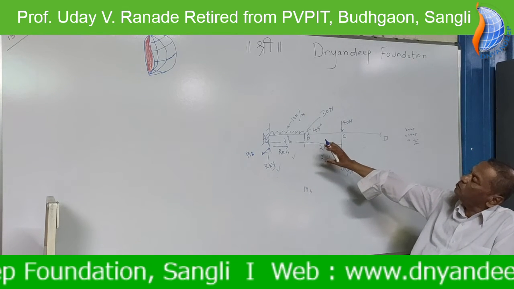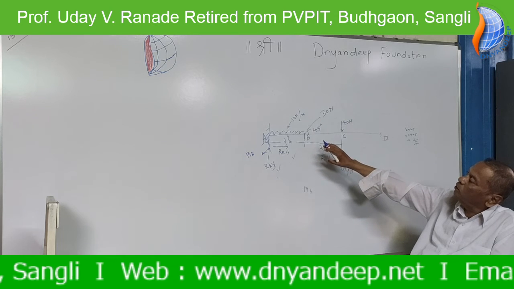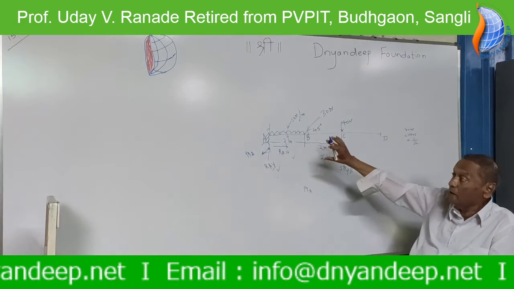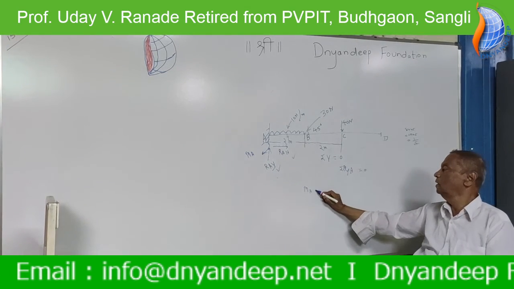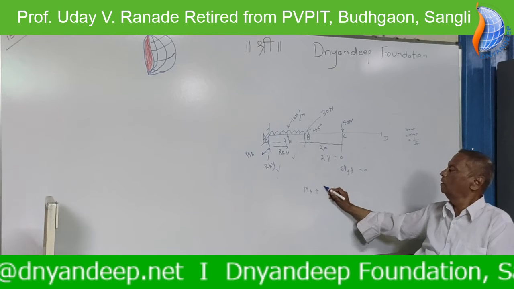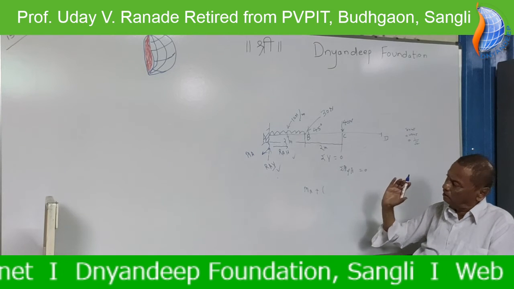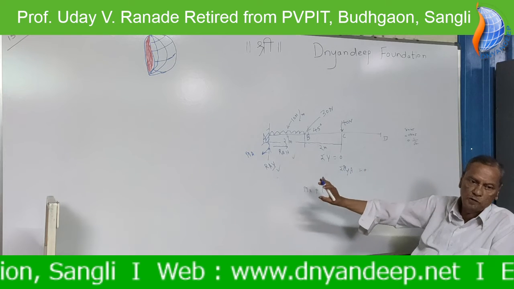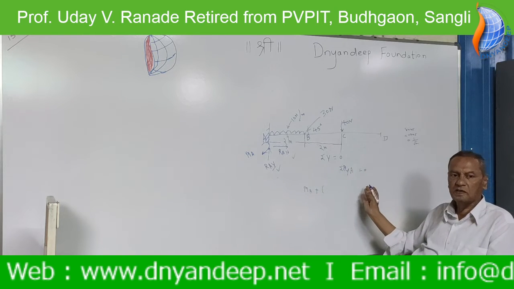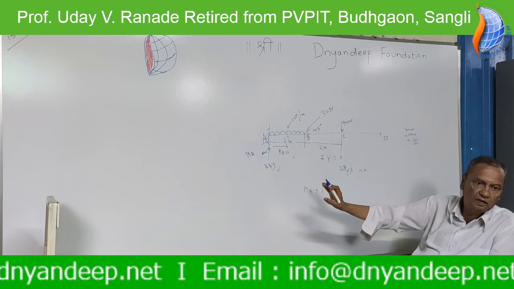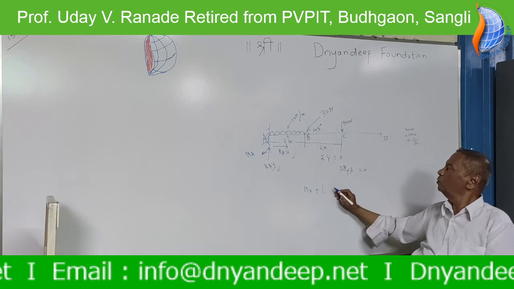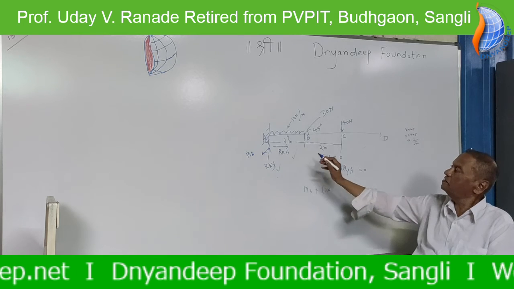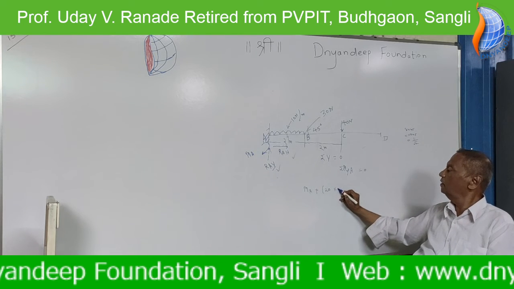Now what is the direction of the moment of the load due to 10 Newton per meter? 10 into 2 into 1. That also will be plus. If you don't know the sign, it doesn't matter, assume some sign. If it comes plus, the assumed sign is correct. If it comes minus, the assumed sign is wrong. So plus 10 into 2, it acts at the center, into 1.